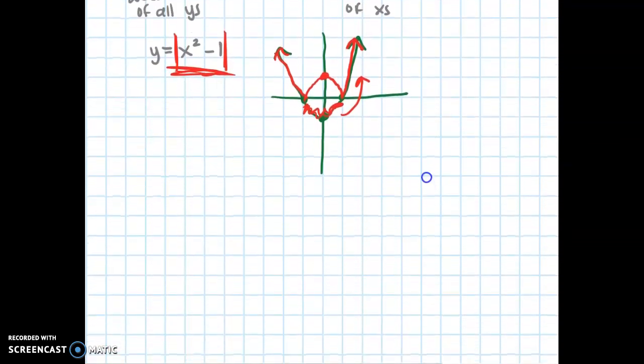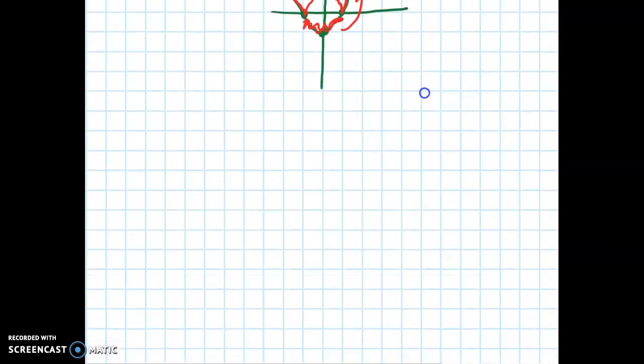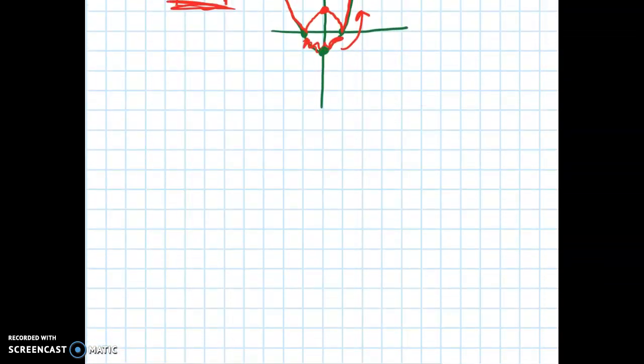Now let's look at the next one, which would be f of the absolute value of x. And so for that one, let's just look at a picture. So here's my function f of x. I'm going to say maybe we've got a couple of intercepts here and here and here.